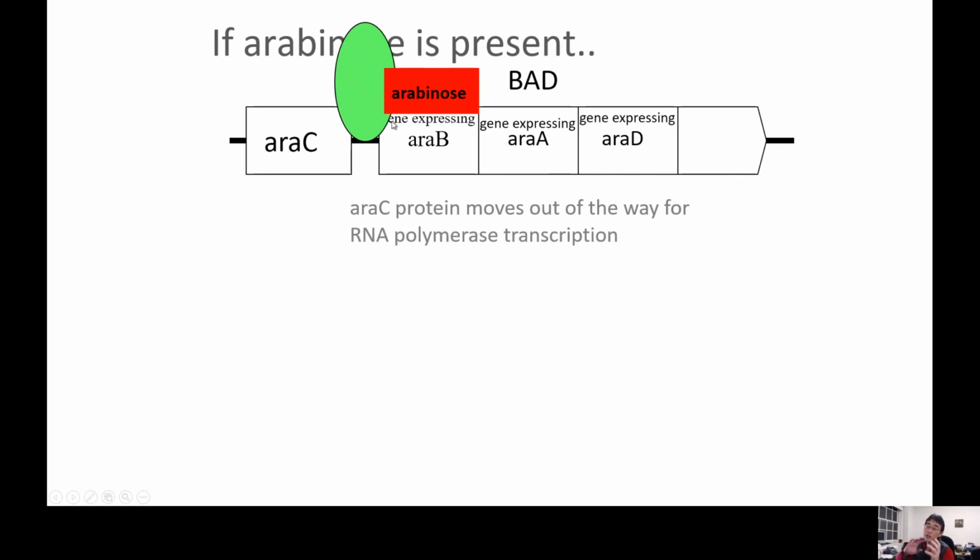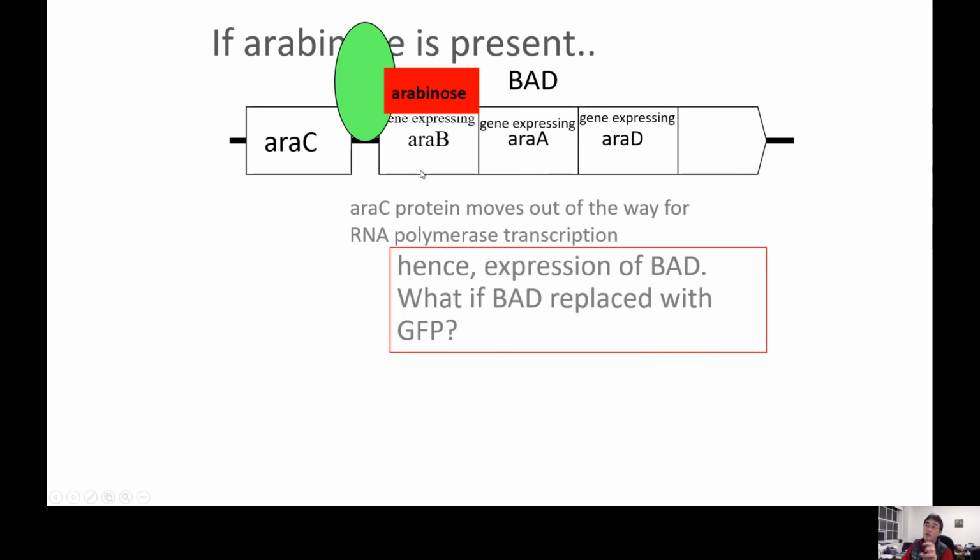ARC protein now changes its conformation by binding with arabinose, and then it moves out of the way and allows the expression of these three genes so that the organism can utilize arabinose, processing it for energy. So keep that in mind.